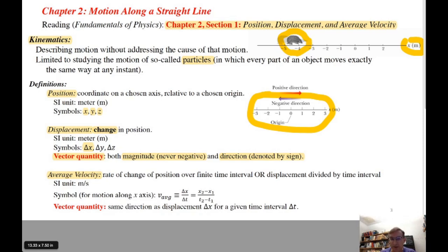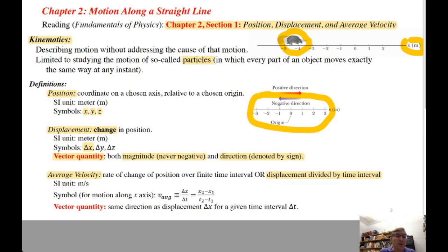That is often a useful thing when you're describing the motion of a particle. And so average velocity is the rate of change of position over a finite time interval. Or to say it another way, it's the displacement in a given time interval divided by that time interval.